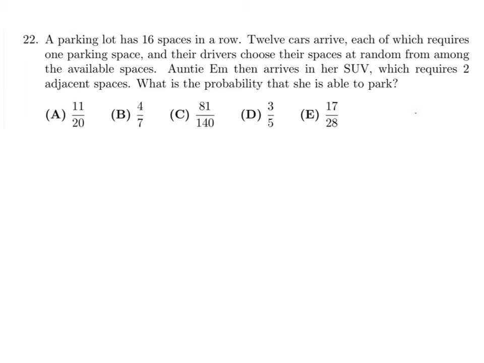So very often in probability, you can leverage the fact that probabilities must add up to 1. So the general approach we're going to have here is that the probability that she is able to park, I'm just going to write she can park, is going to be 1 minus the probability she can't park.